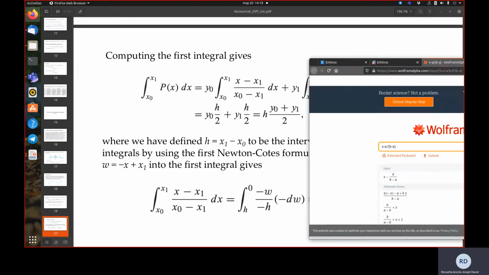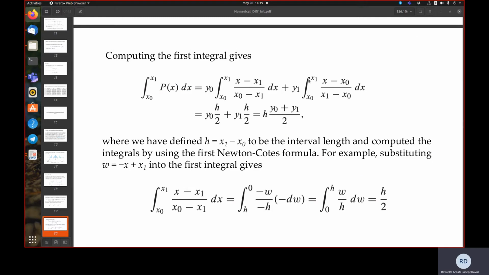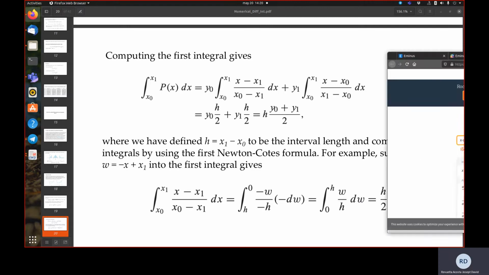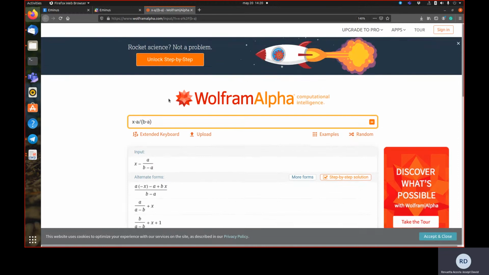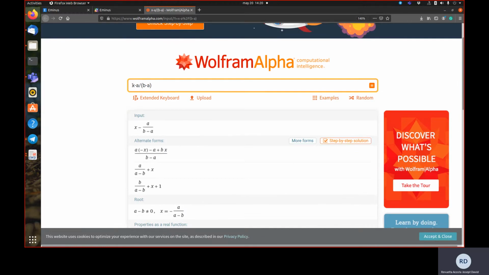Just imagine for a moment that x is the actual variable. We have a, which is equal to x1, and we have b, which is equal to x0. If we want to integrate this, it can be integrated using this type of expression: x minus a, divided by b minus a, is going to be our solution.